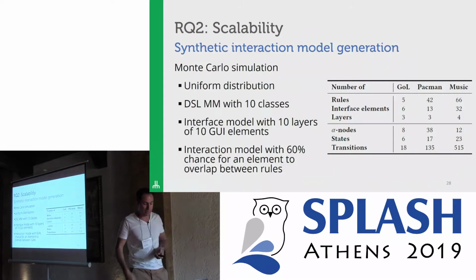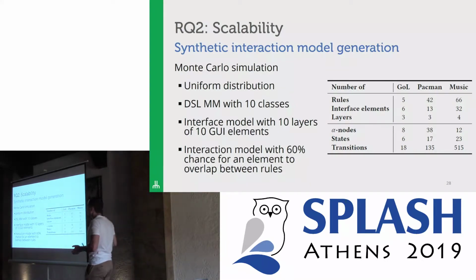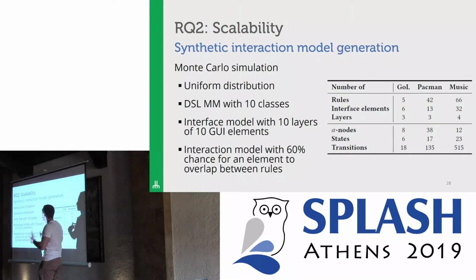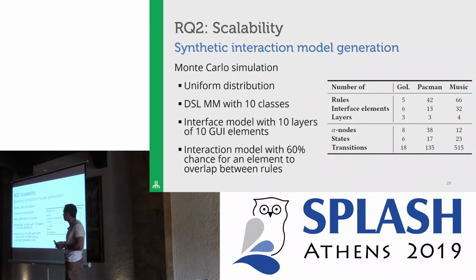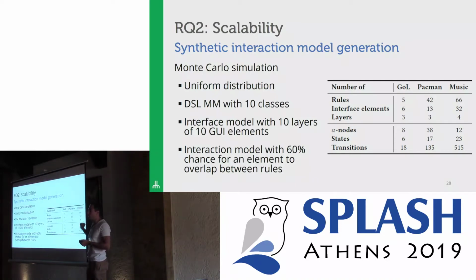For the scalability, we took these models and automatically generated example interaction models using Monte Carlo simulations, based on a fixed metamodel of 10 classes, a fixed interface model with 10 layers, and interaction rules that are randomly generated with 60% overlap. We chose these parameters to be as close as possible to the three cases we had, to be more representative.